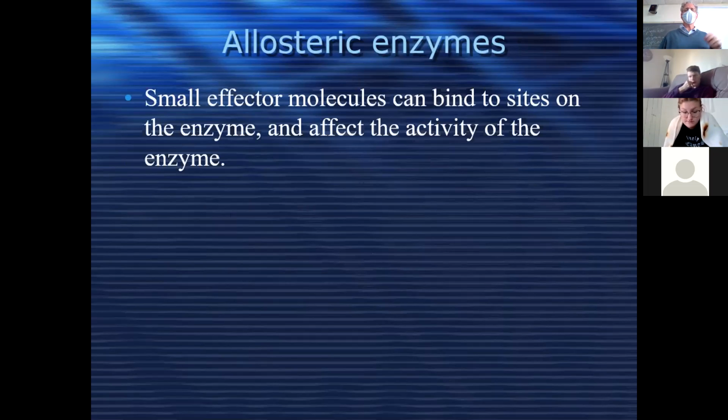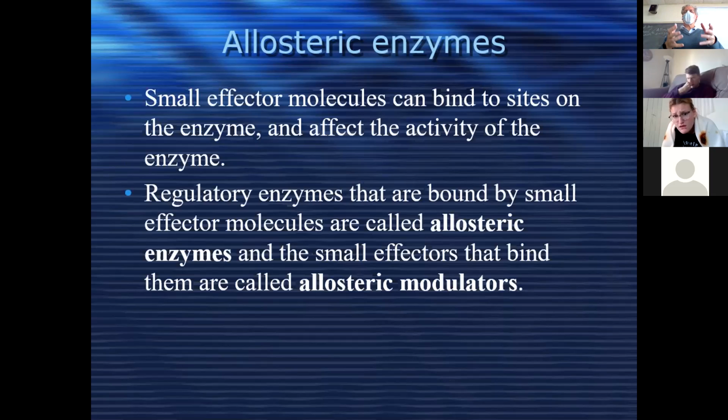And if they're bound by small molecules, things called allosteric modulators, these modulators will affect their ability either positively or negatively.